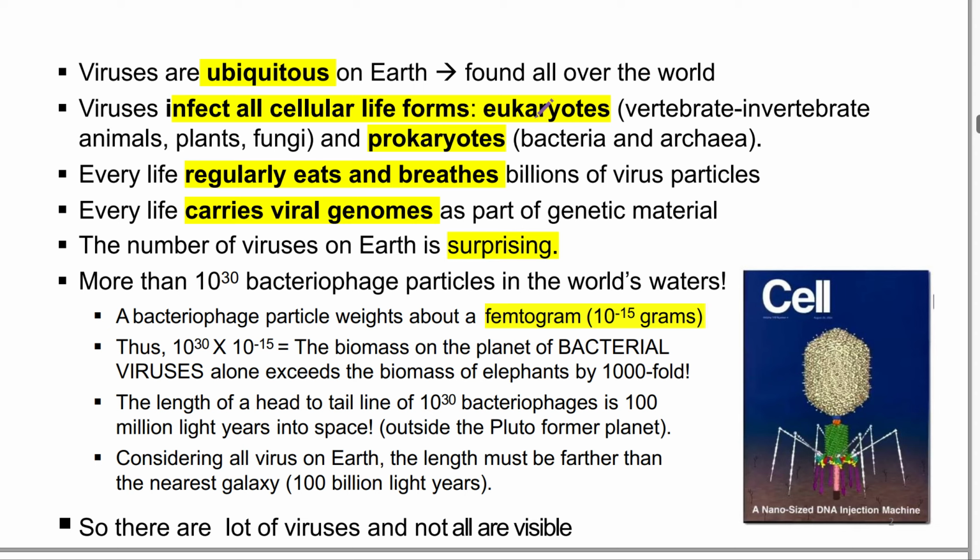That means viruses can infect both vertebrate and invertebrate animals, plants and fungi, and also bacteria and archaea. Every life form regularly eats and breathes billions of virus particles, and every life form carries viral genomes as part of its genetic material. And the number of viruses on Earth is very surprising.